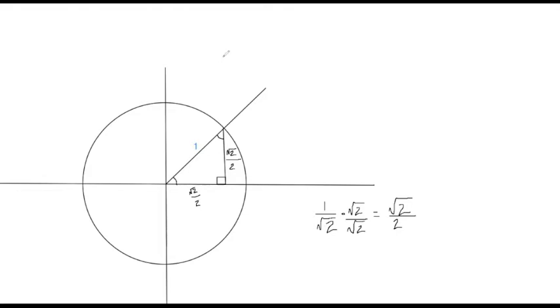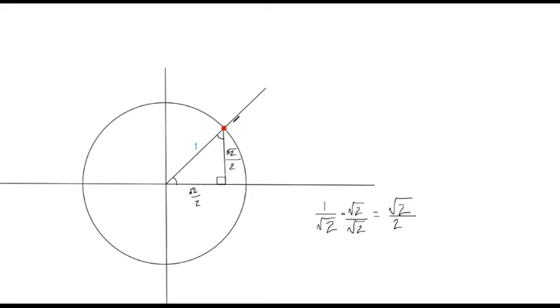Well, if I wanted to find this ordered pair, if I wanted to find this point on the circle, we would have to start at the origin and we would go over root 2 over 2 and then up root 2 over 2, and that's going to give me the ordered pair for that point.